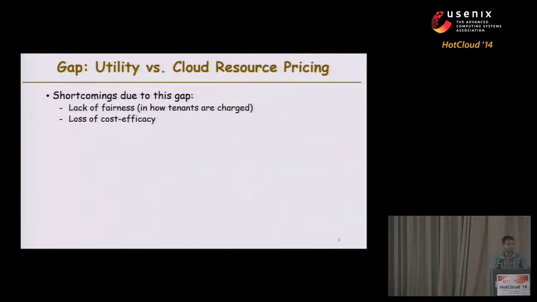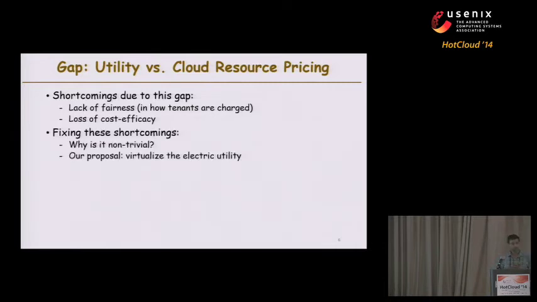The first relates to what one might think of as a lack of fairness in how tenants get charged for their usage. And the second relates to a loss of cost efficacy or profitability in the operation not only of the tenants, but of the cloud itself.